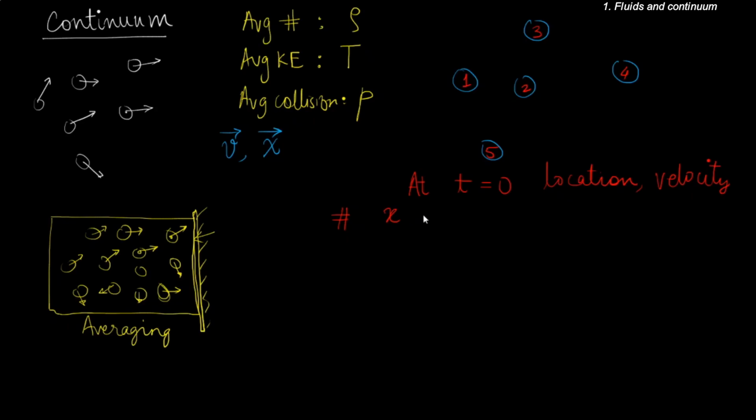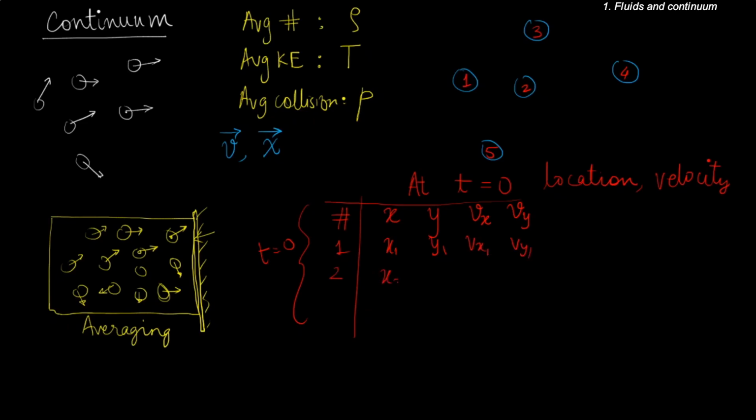If I call the velocity component in the x direction vx and in the y direction vy, then for particle 1 at t equal to 0, I know it has some location, say x1, y1, vx1, vy1. For particle number 2 it will be x2, y2, vx2, vy2 and so on.